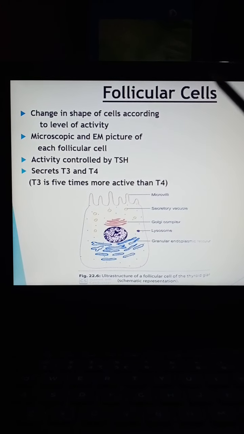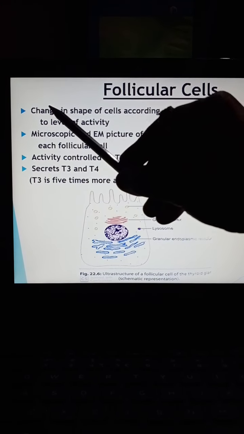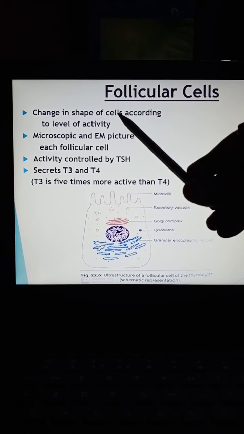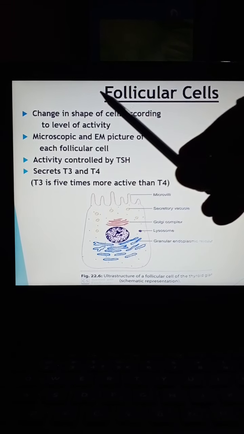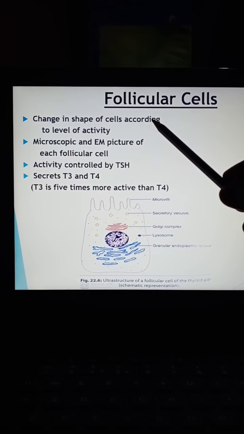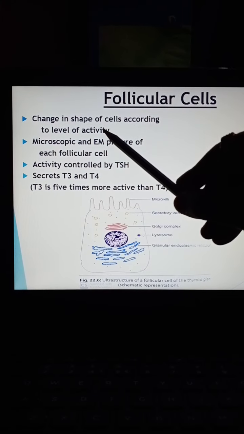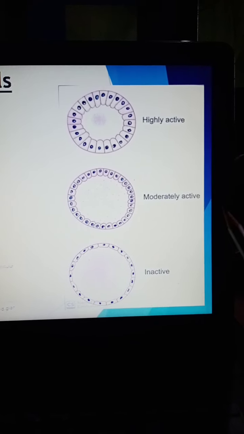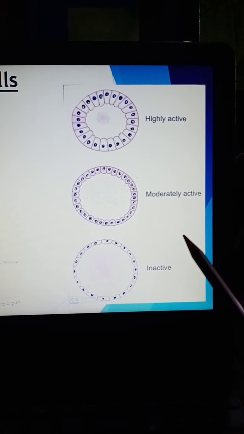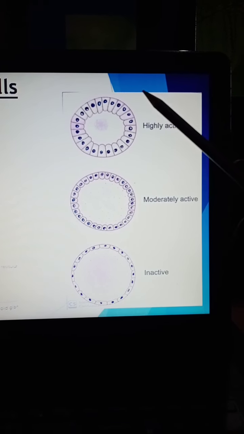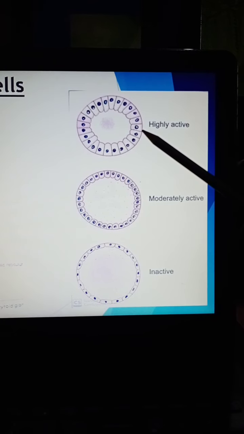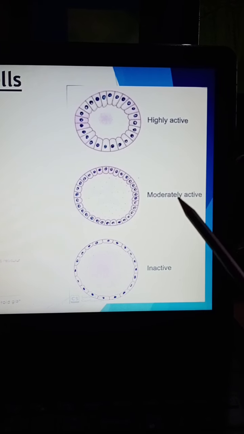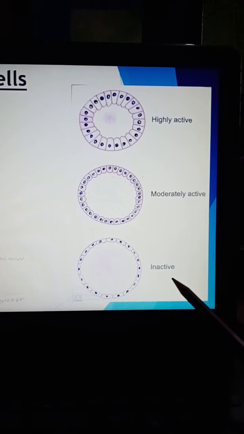But here in the thyroid gland, you can see that these cells change their shape according to the level of activity. You can see here, these three types. According to the activity, the change in shape of the cells. The first one is highly active, the second moderately active, the third one is inactive.